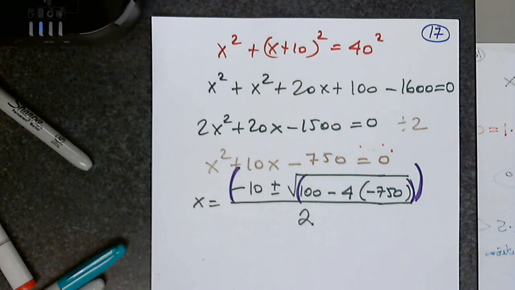I don't trust this, you know that already. Put in parentheses 100. I know that minus 4 times minus 750 will be positive, so I'm going to directly put positive 4 times 750. Close the parenthesis for under the square root, go outside, close the parenthesis again, and divide everything by 2. And press enter.